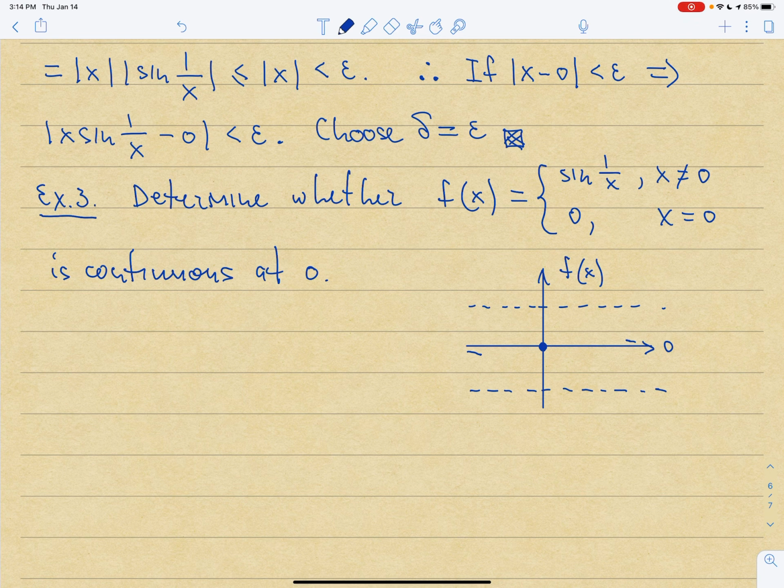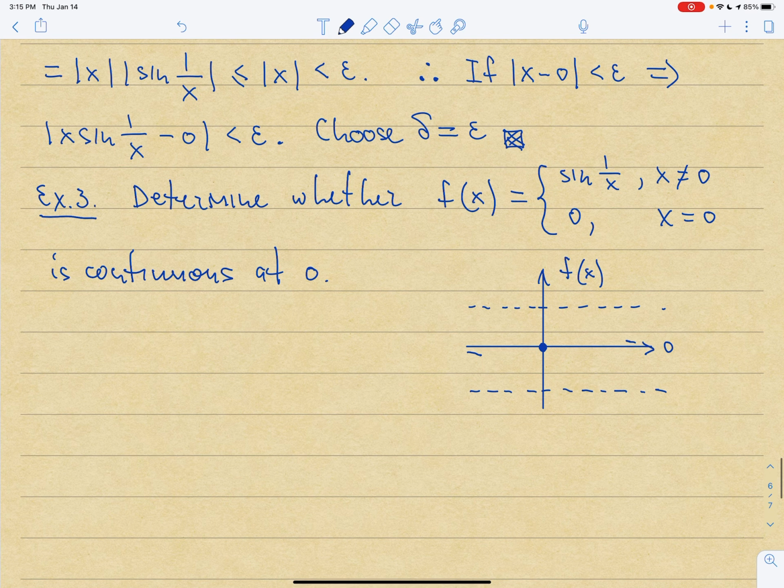So as we approach 0 from the right, sine is going to oscillate infinitely many times. So it means that the oscillations are going to become faster and faster. Very roughly speaking, first you see fairly infrequent oscillations, but then they become more and more frequent. And the same thing should happen from the other side.